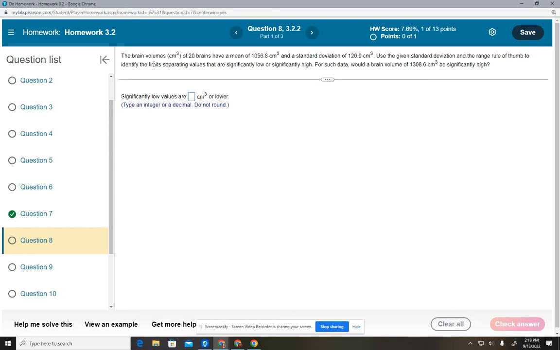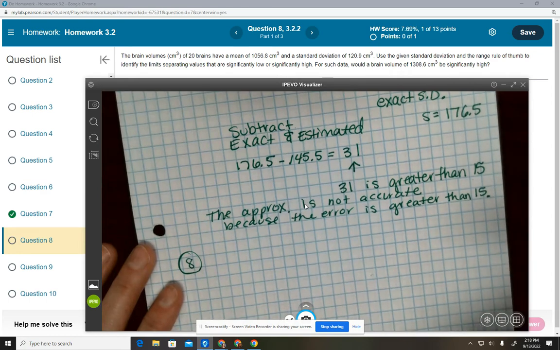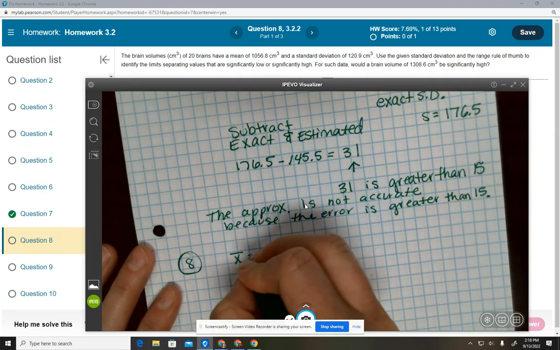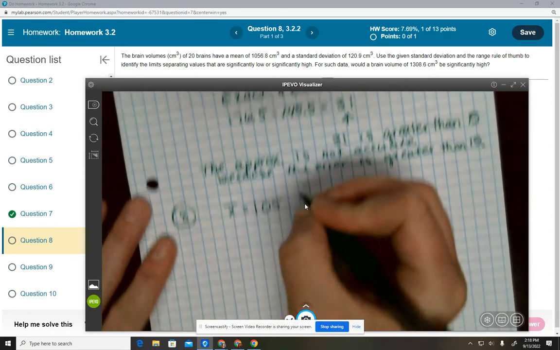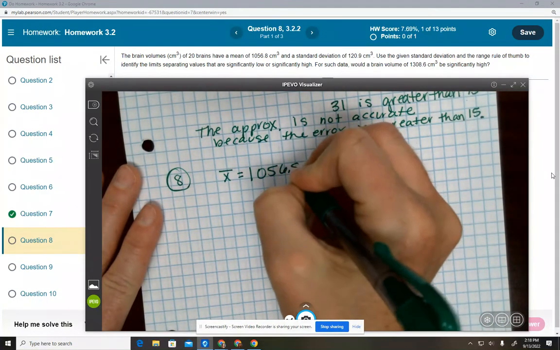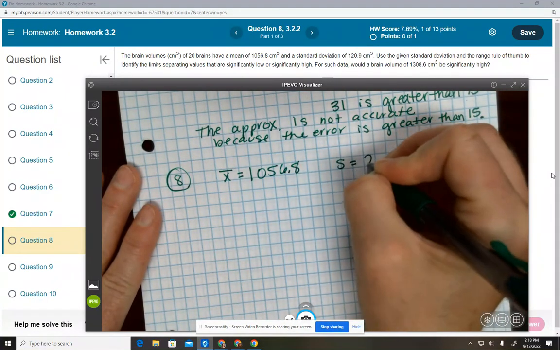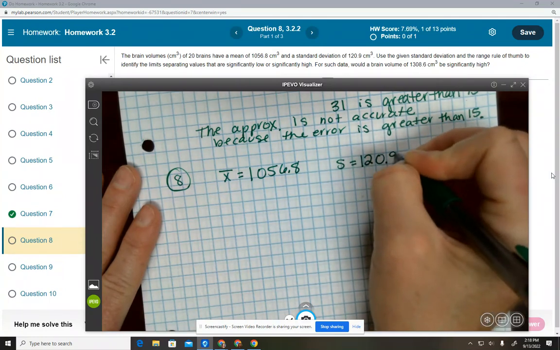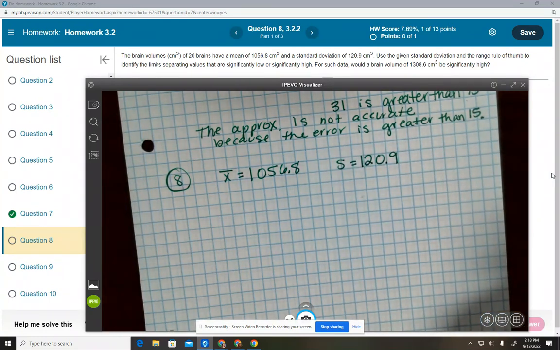So I need to write down the important information. So mean on this one is this. And our standard deviation is this. And it says use the range rule of thumb to determine what our limits are.